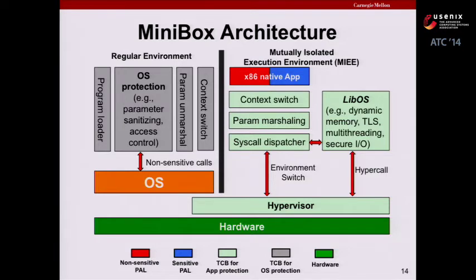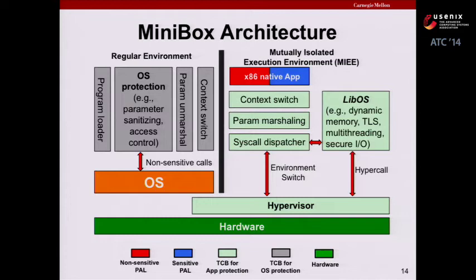In the MIEE, you can see that there's an x86 native application and the service runtime. The service runtime in our system design includes a context switch, which handles the thread context switch between the application and the service runtime. I would like to mention that the context switch is the only interface through which the application can switch into the service runtime. All the system calls must go through this context switch module.